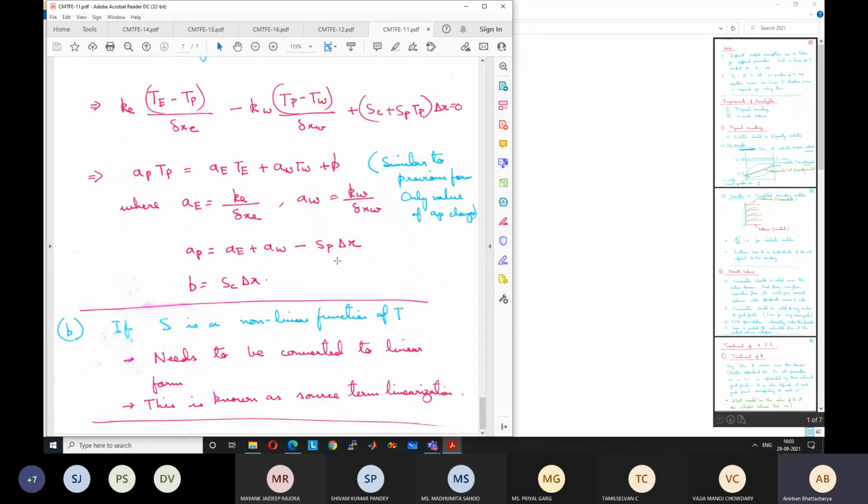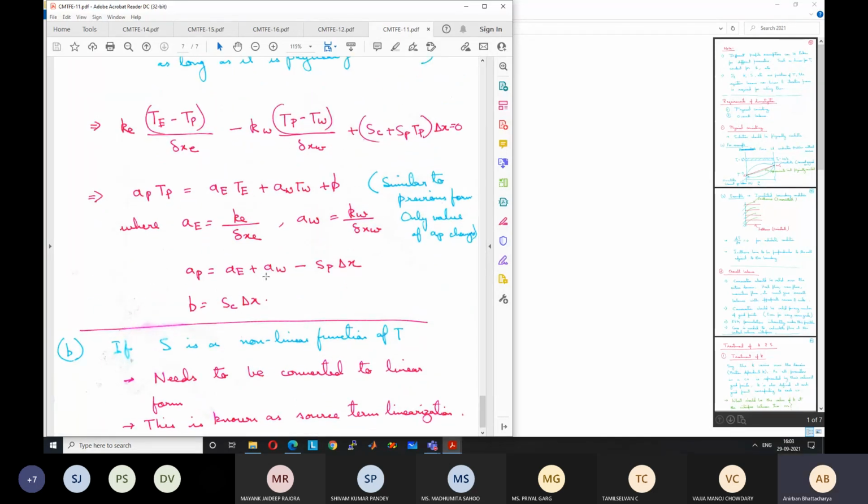Okay, I think you can see with source term AP is equal to AE plus AW minus SP delta X. So AP is not equal to AE plus AW if there is a variable source term. If there is a constant source term, then there is no issue.